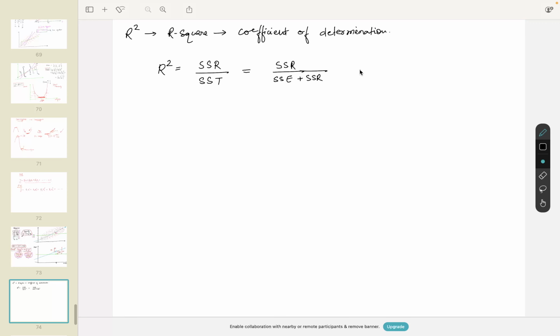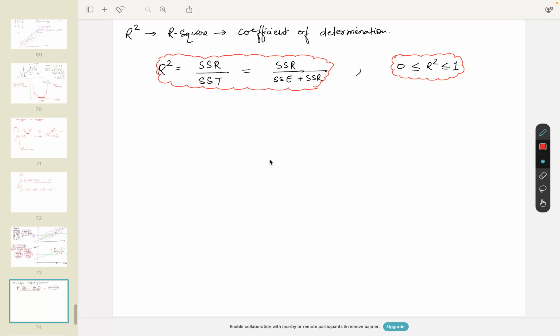And the value of r square ranges from 0 to 1. Okay, and I'll tell you the significance, what the meaning of r square is.